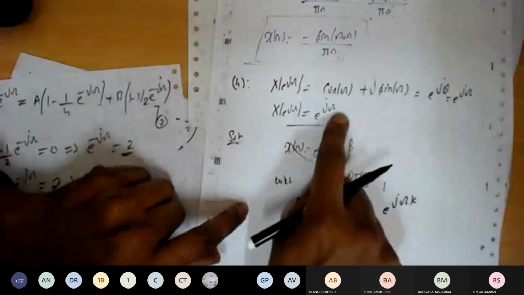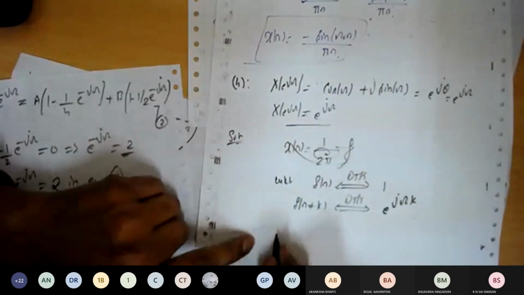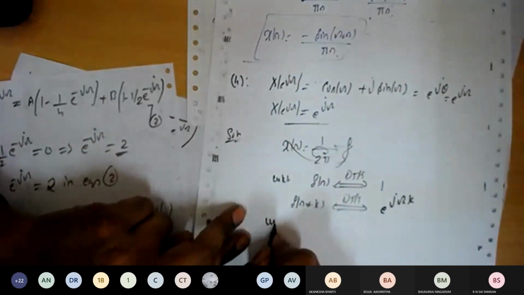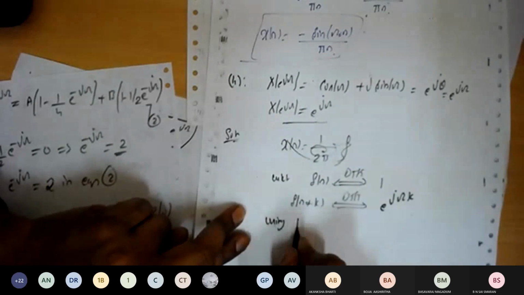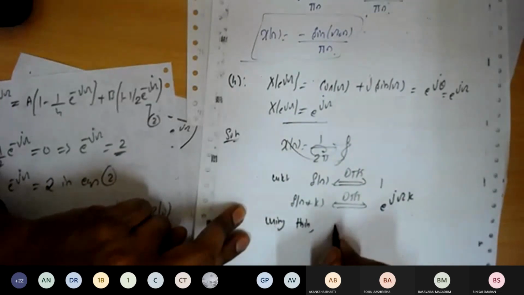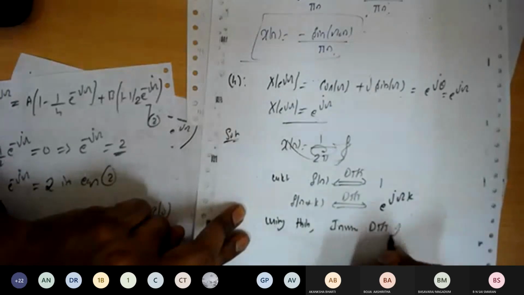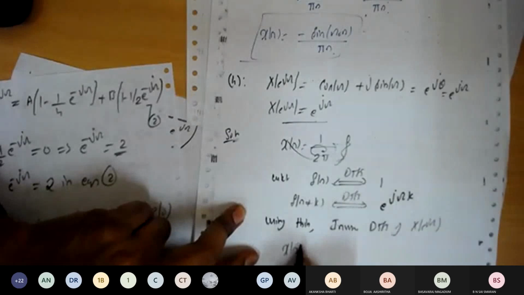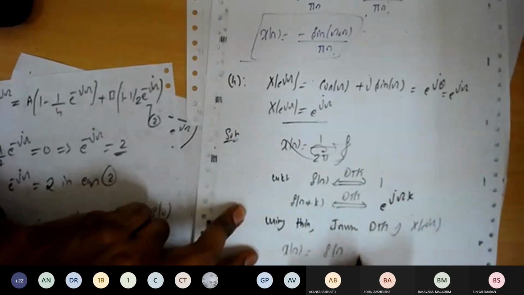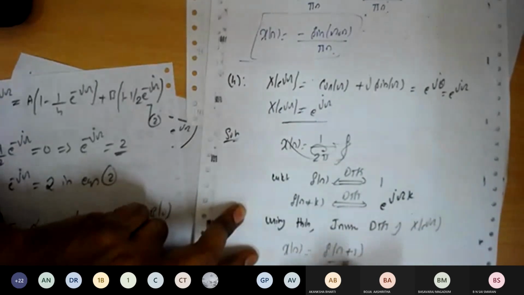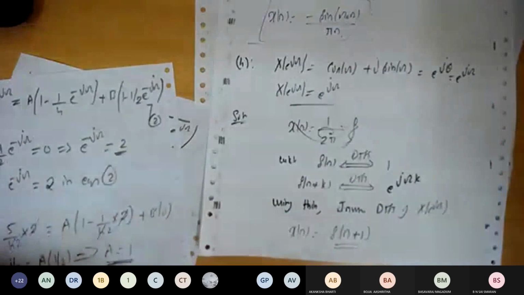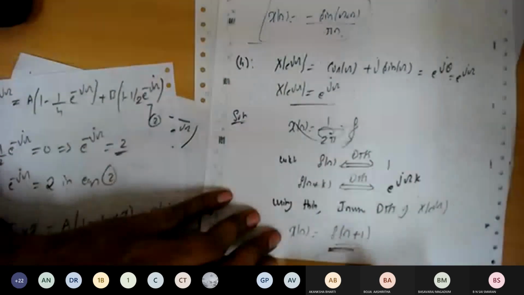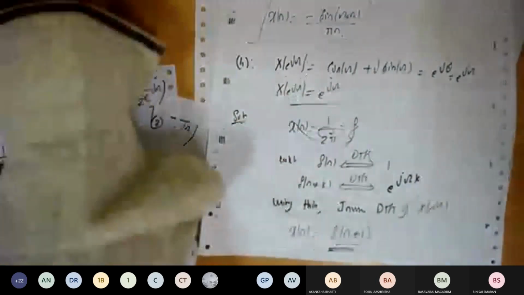Using this, in place of k we have 1 here. So if we take the inverse DTFT of x of e to the power of j omega, x of n becomes delta of n plus 1. That is the inverse DTFT of e to the power of j omega.